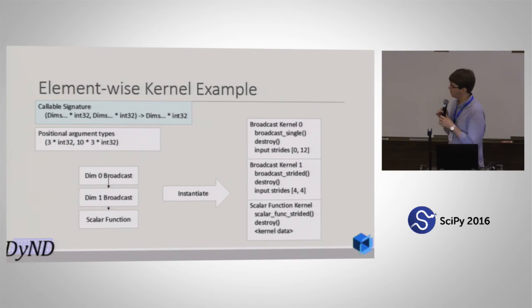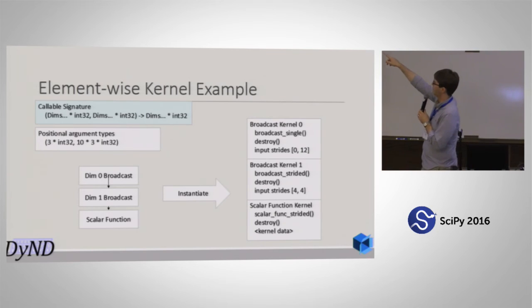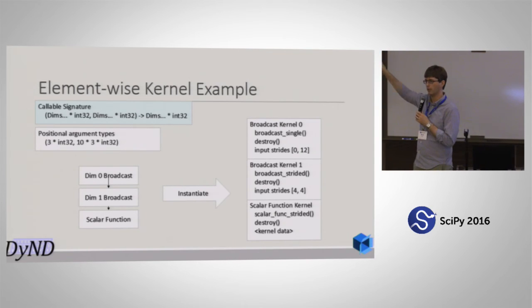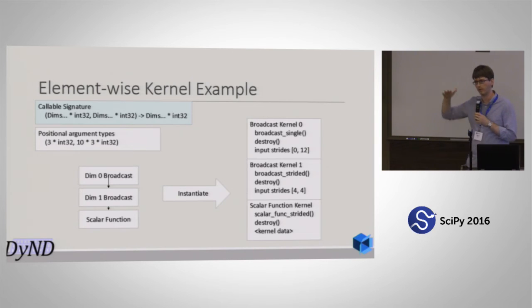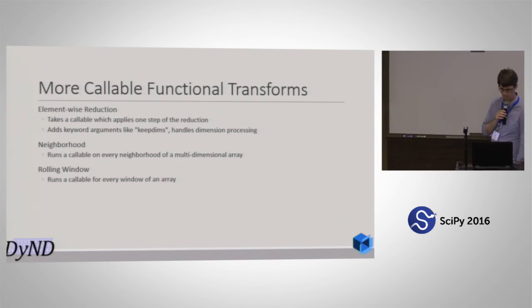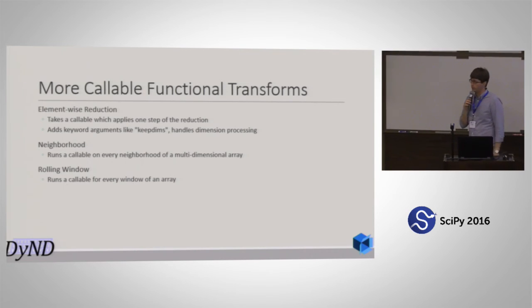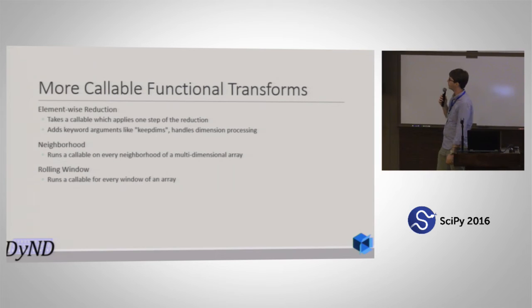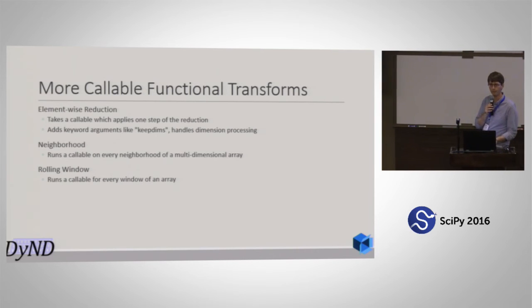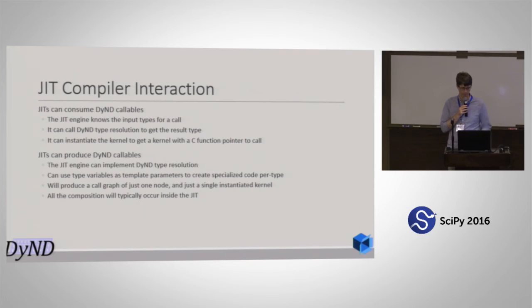You'll see I said the top one is single. That's like, we're going to call this once on the array we're operating on. And that's going to call the strided version of the next one down, and then it's going to call the strided one of the innermost one. So we're pushing that inner loop down one. So here's a couple of these functional transforms we support: reduction, doing something on every neighborhood of an array, or doing rolling window operations.